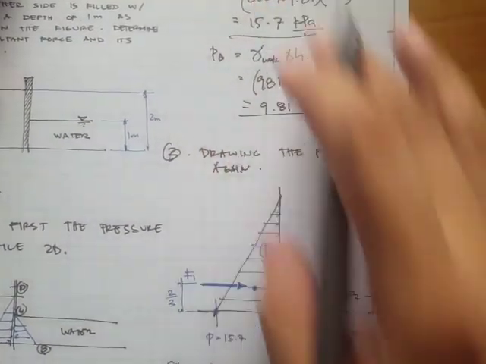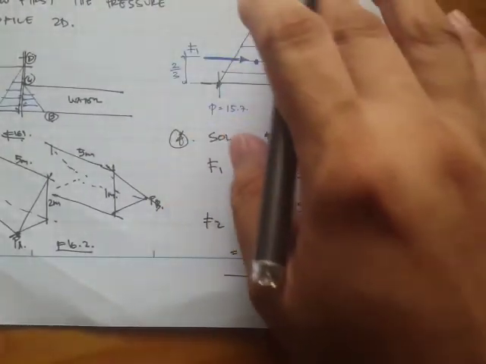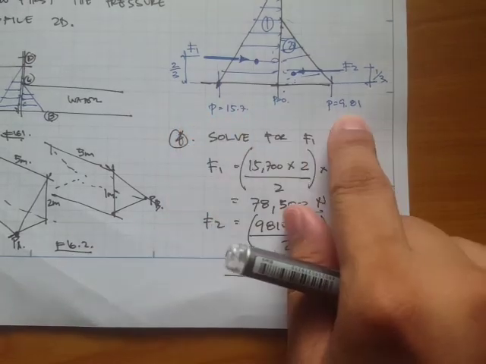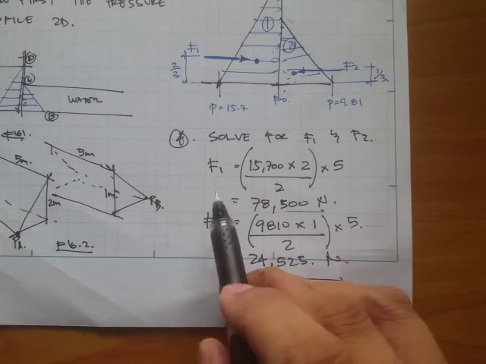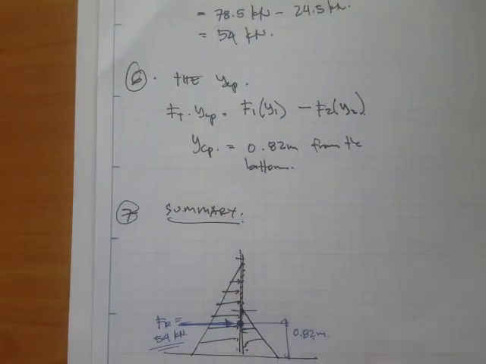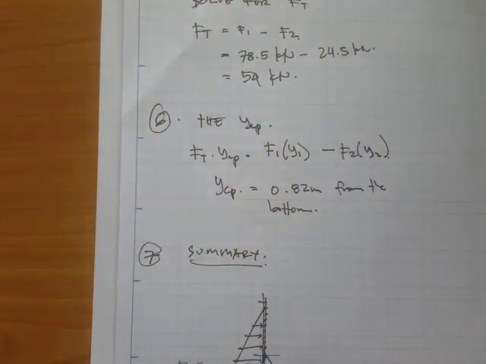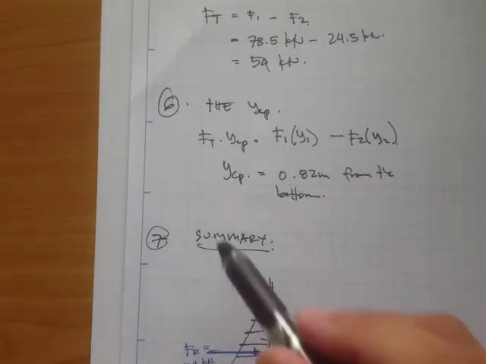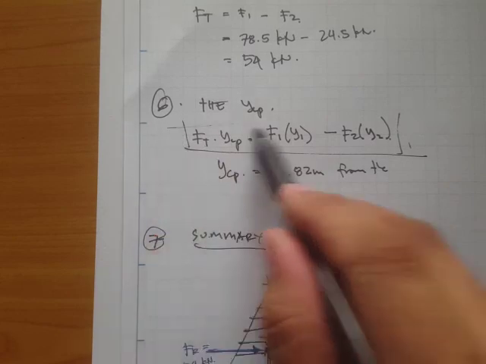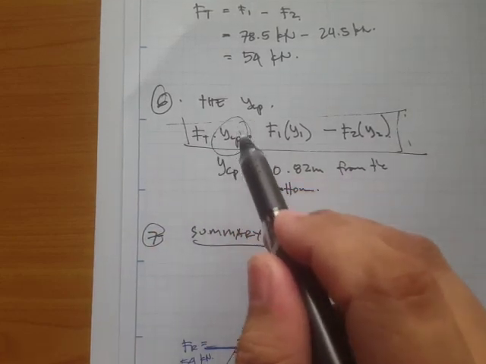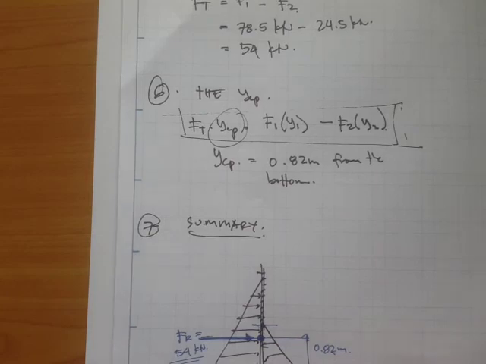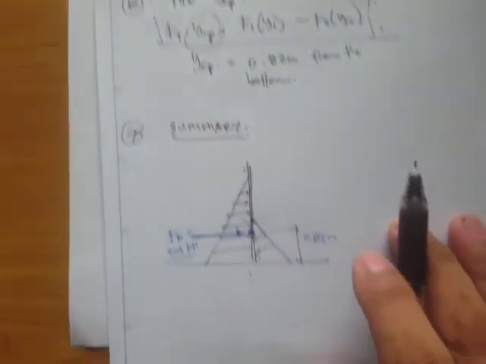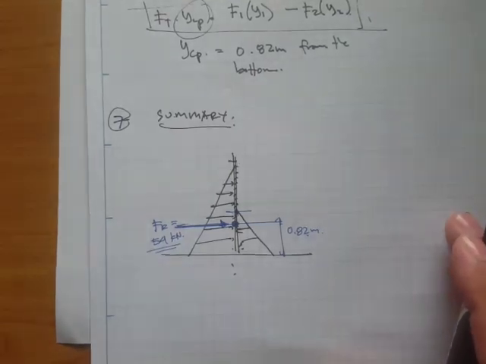Okay, so we solve for the pressure, and once we obtain this pressure, and since we have the height and the other orthogonal lengths, then we can solve for the F1 and F2. And once we solve for the F1 and F2, then we can solve for the total force. And once we have the total force, then we can apply this equation to solve for the location of the center of pressure. Okay, and after that, please provide a summary in your homework.